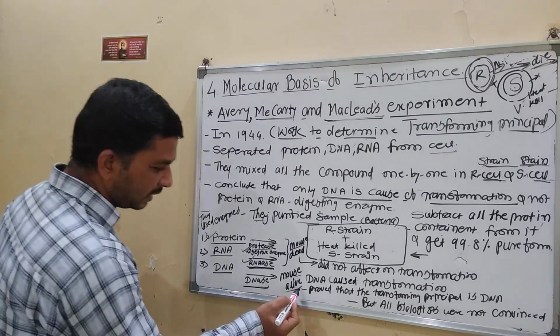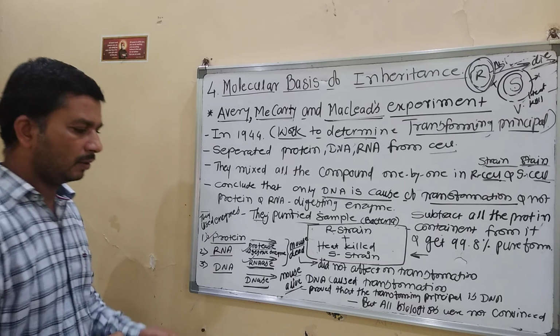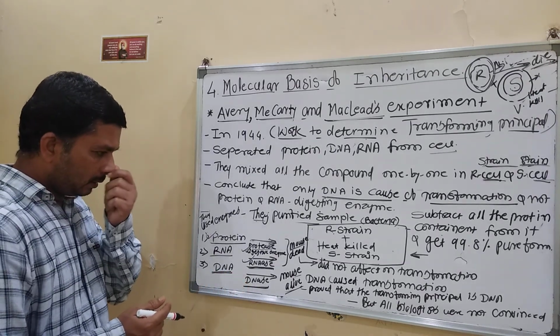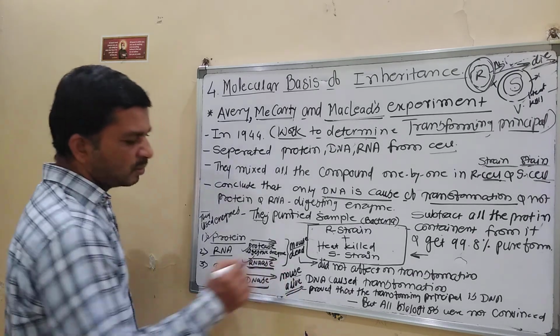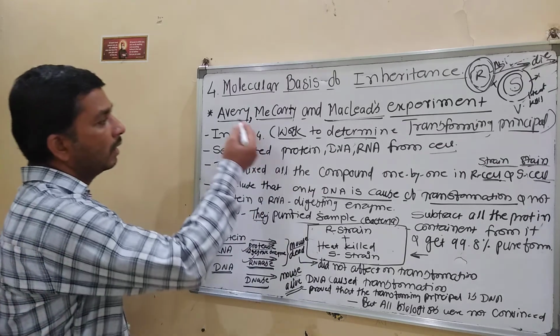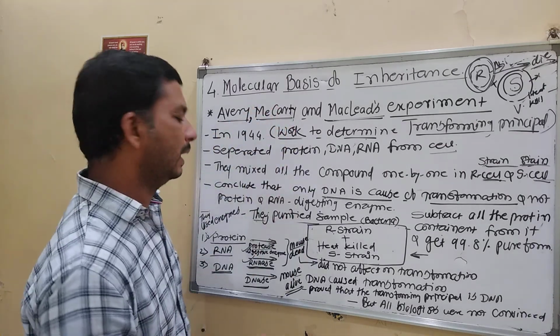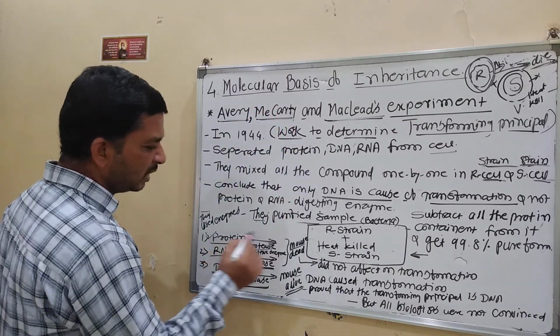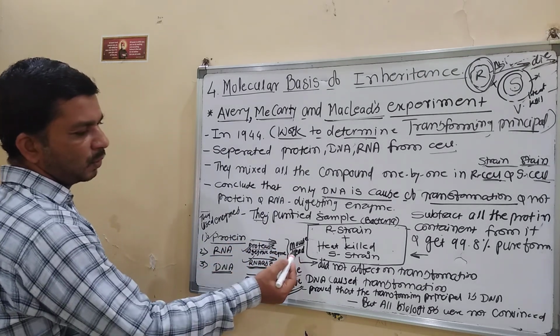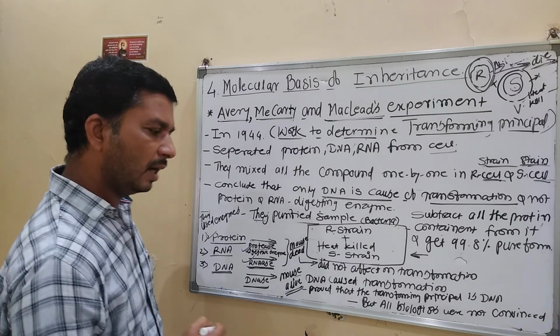Here the transforming element is not working and the mouse is alive, and in the other cases they found DNA transforming this character, and that's why the mouse died.